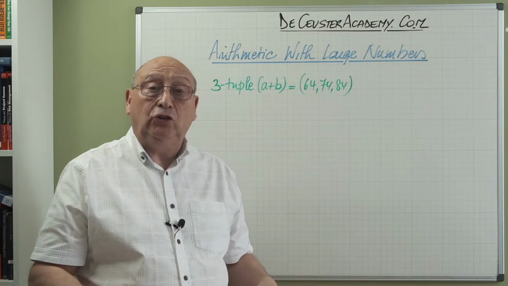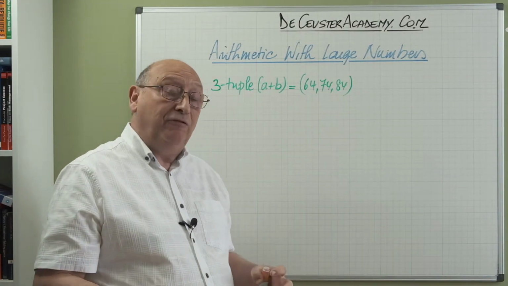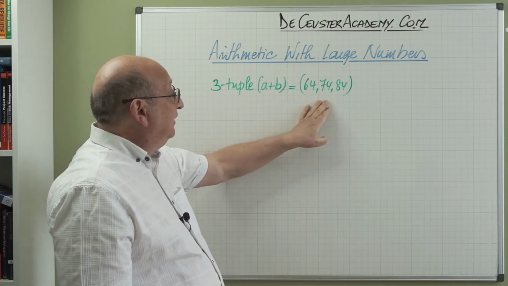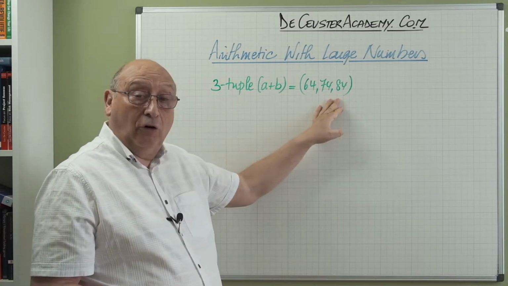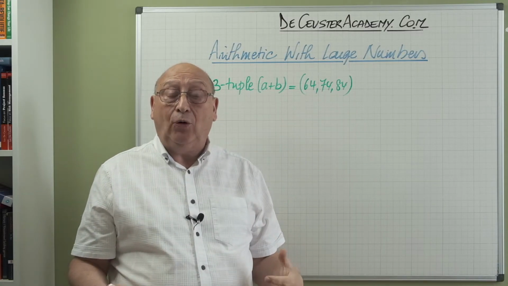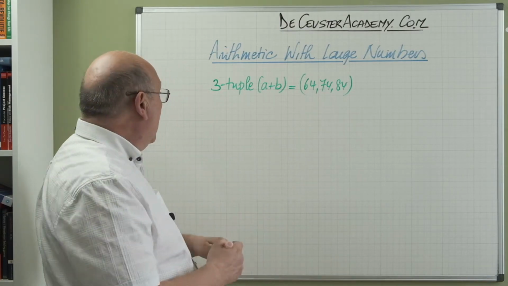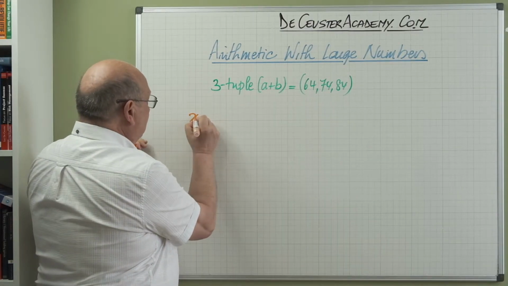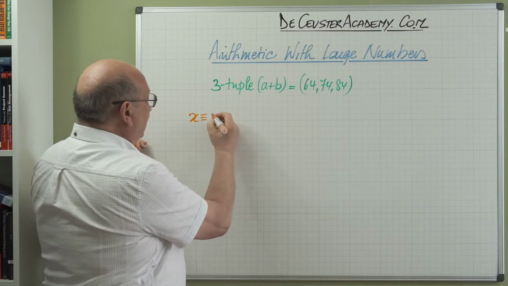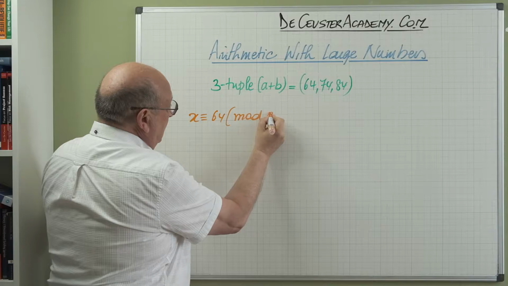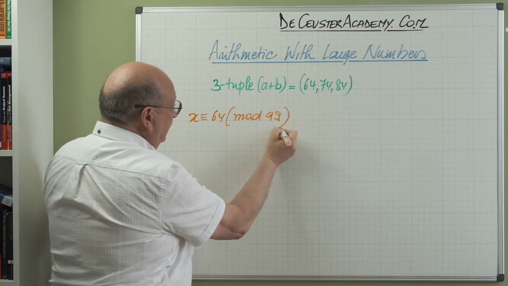Let's first continue with addition, and we found the three-tuple for A plus B is 64, 74 and 84. And we can write this now as a set of linear congruences. The first linear congruence is x is congruent with 64 modulus 99.